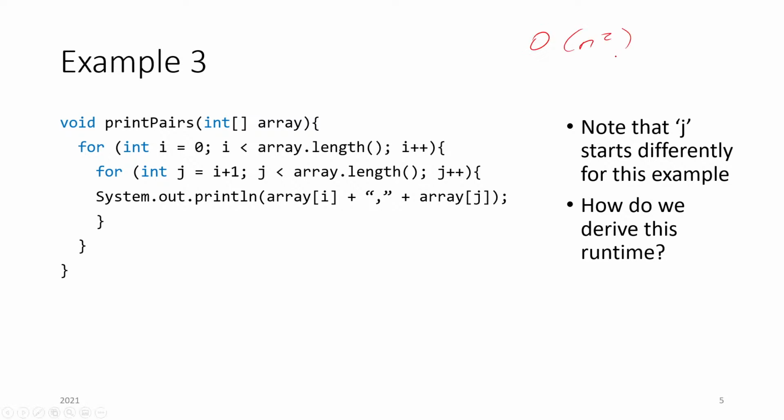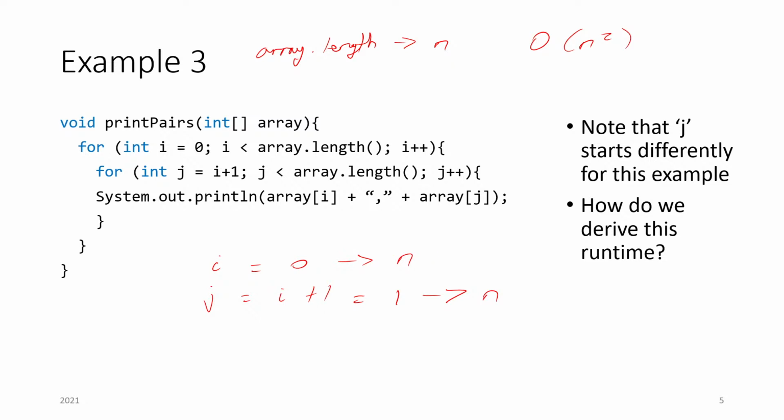Before I do that, remember we're going to be treating our array length here as n, and then let's watch what happens when we start our loops. At i equals 0, j is i plus 1, so that is going to be 1, and this goes up to n, and this also goes up to n. So from 0 to n for i, we know this iterates n times.